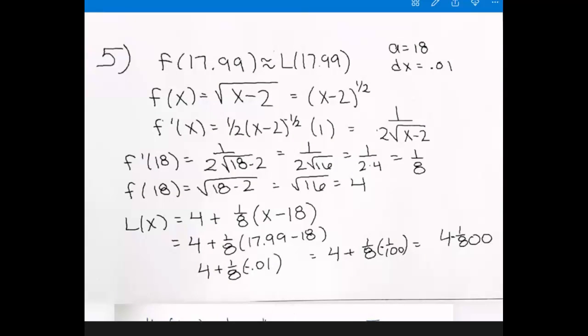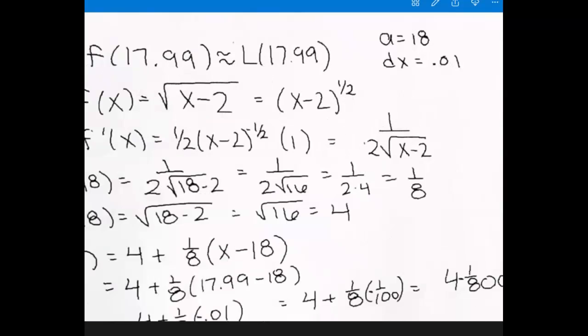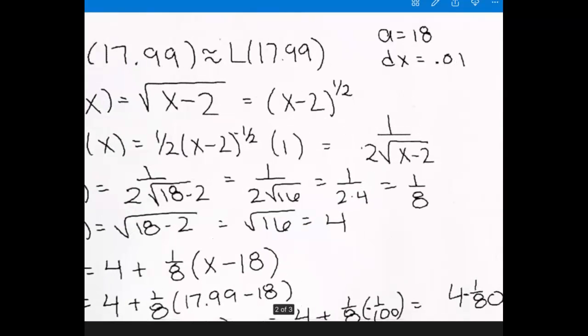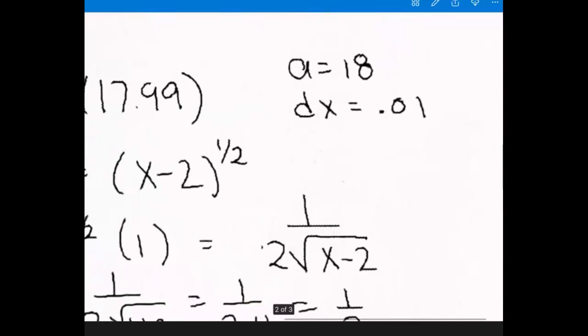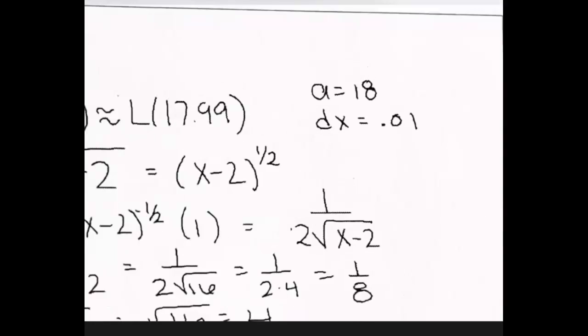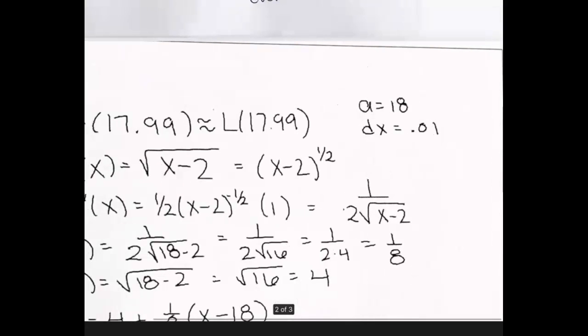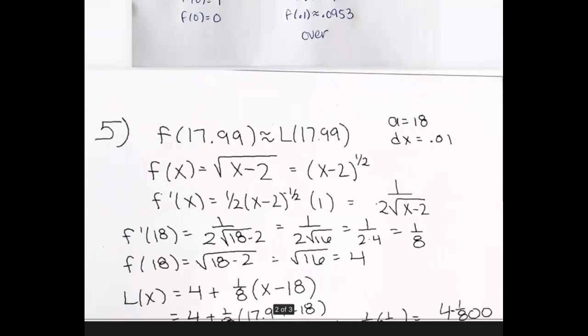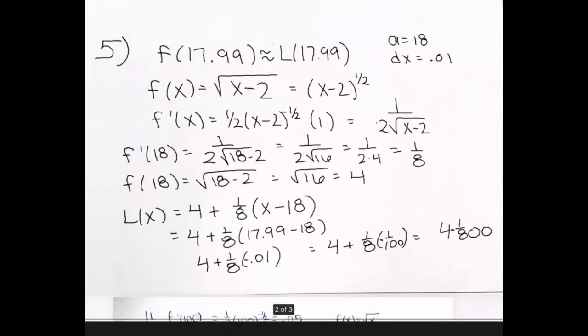The only thing that is different in those parts of the notes is using that piece of information called dx, which hopefully by now you know stands for the change in x, or represents the change from 17.99 to 18.